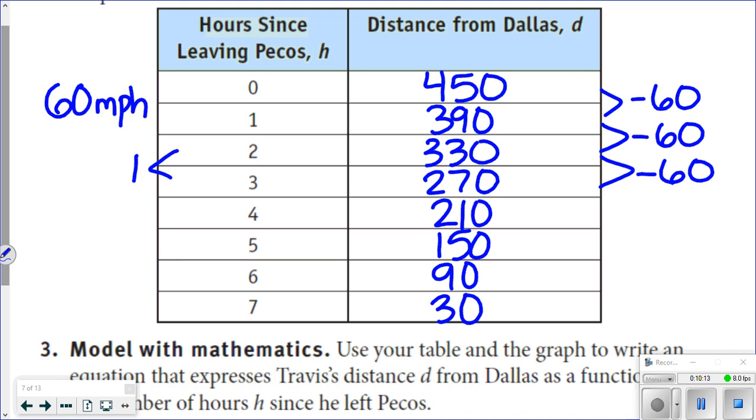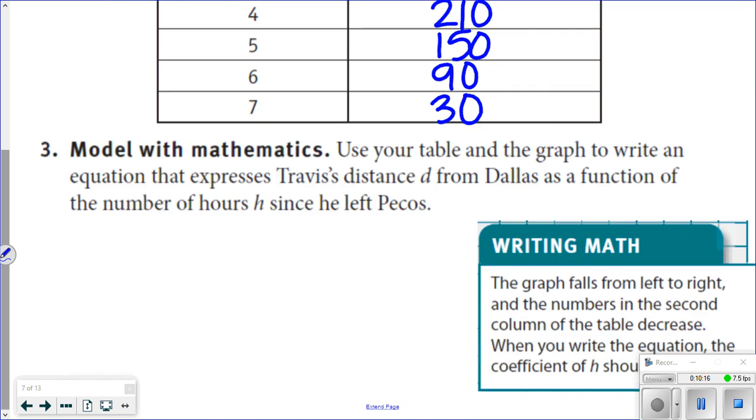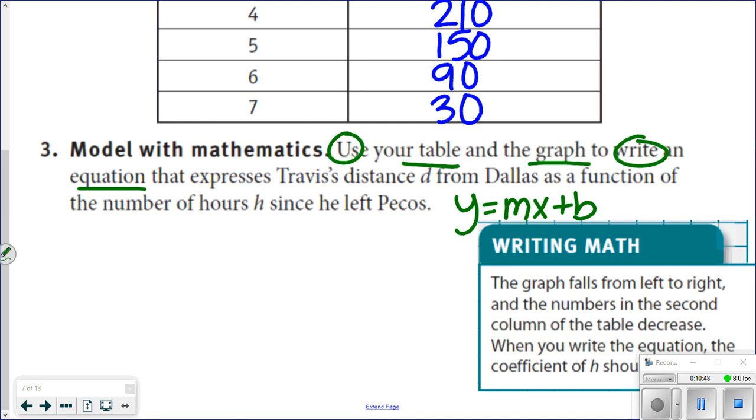For question 3, it says use your table above, or we could also use the graph, whatever you prefer, to write an equation that expresses Travis's distance d from Dallas as a function of the number of hours since he left Pecos. The easiest way to write the equation is in slope-intercept form, y equals mx plus b.